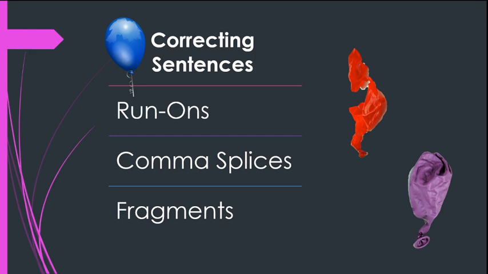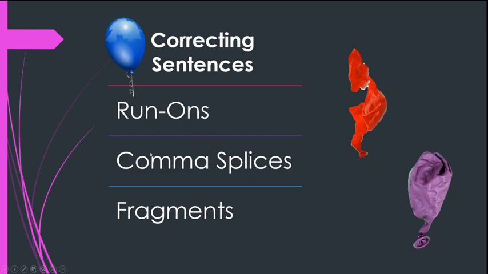So for example, we have run-ons, which have 2 subjects, 2 verbs, and 2 complete ideas that are just together with no punctuation mark dividing them. Okay, so for example, the man is tired, the man did not sleep very well last night. So there, if you didn't have any type of punctuation mark dividing those two, that would be a run-on. If you divided those two sentences with a comma, that would be a comma splice. It would still be incorrect because those are two complete sentences that should be separate.